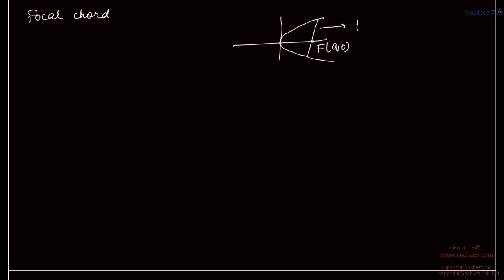Now, some more definitions, like focal chord. Say this is a parabola and here is the focus A0. Any line passing through this focus is called a focal chord.